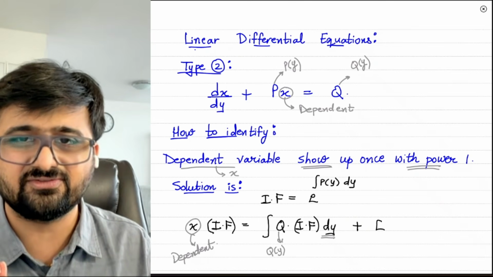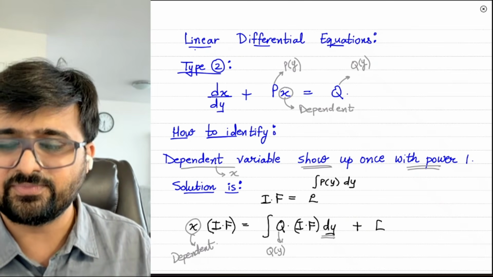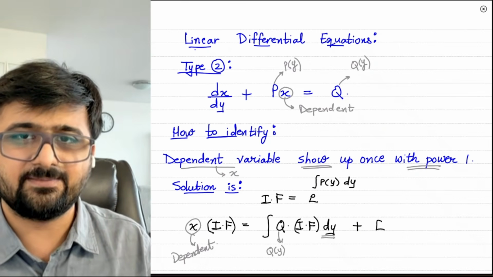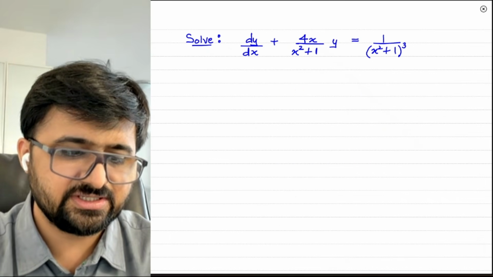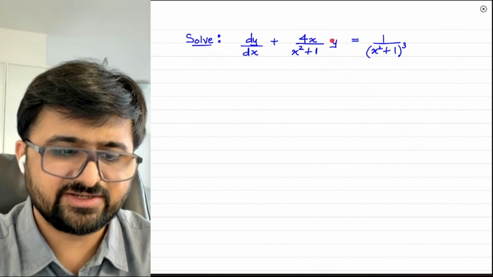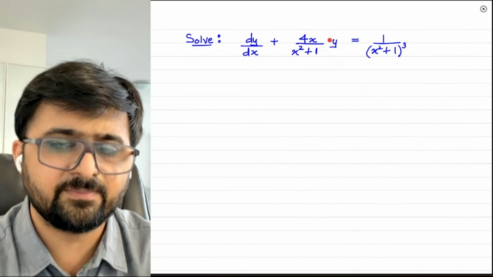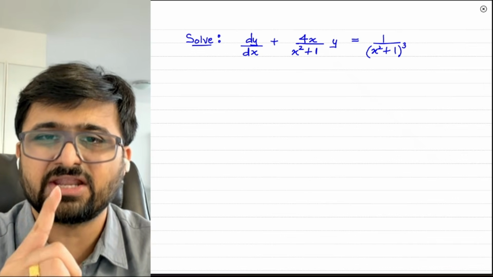Now let's try to solve some examples of type 1 and type 2, and then we'll come to type 3 and type 4. All right, let's solve this example. If you notice here, y is the dependent variable. The way we know that is the dependent variable is occurring only once, that too with power 1.